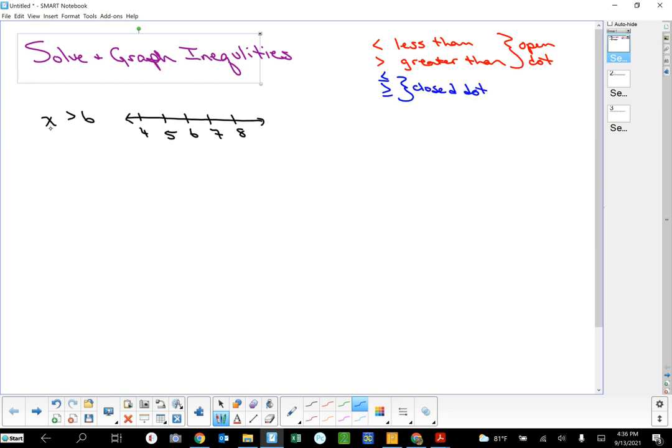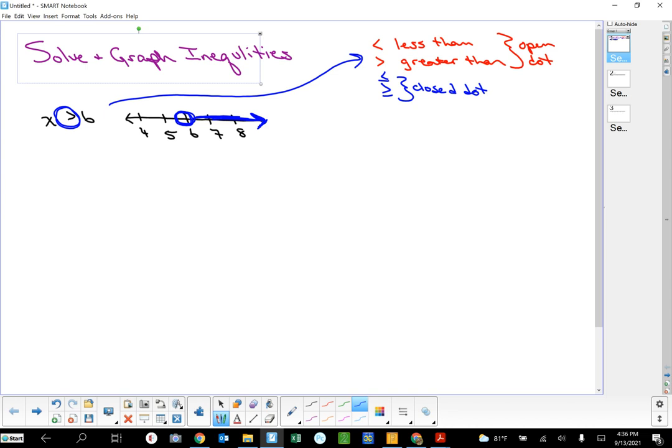So we have x is greater than 6, and this symbol gets an open dot. So we put an open dot at 6, and if x is bigger than 6, then we would shade everything that way. And that would look something like that.